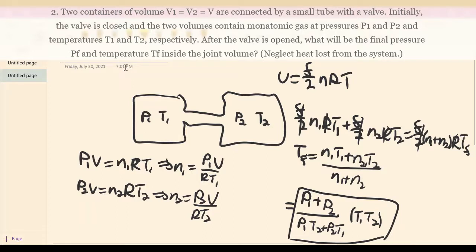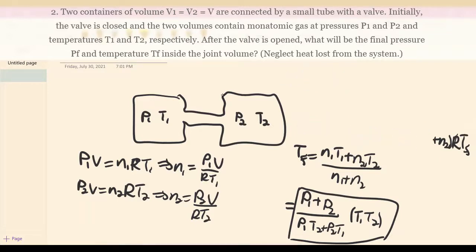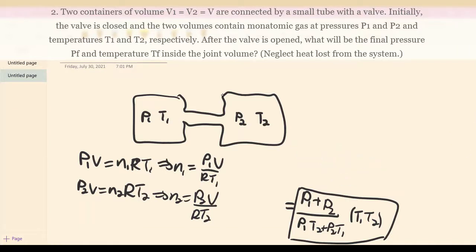And then to solve for the pressure, remember how I said that the energy is f over 2 times nRT? Well, if you look back at the ideal gas law, nRT is just equal to PV.